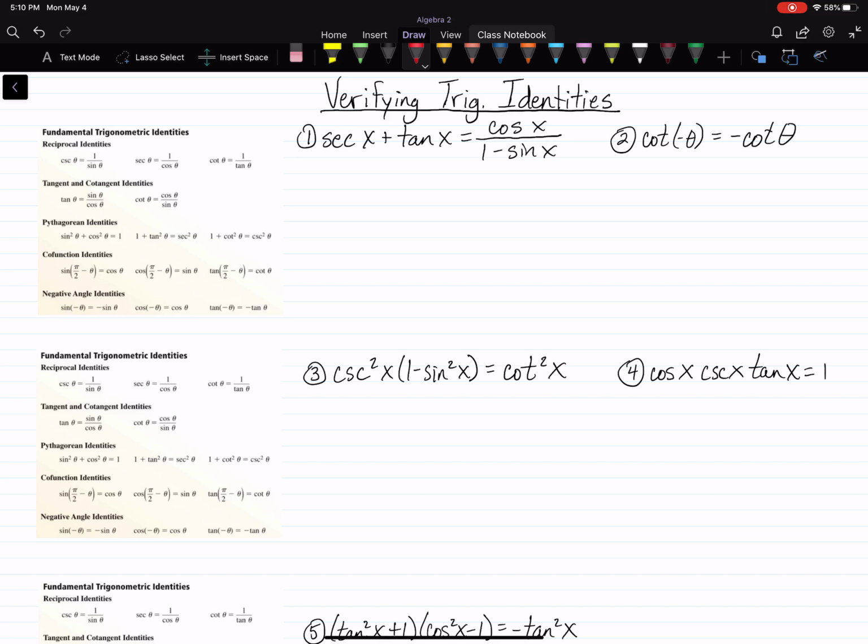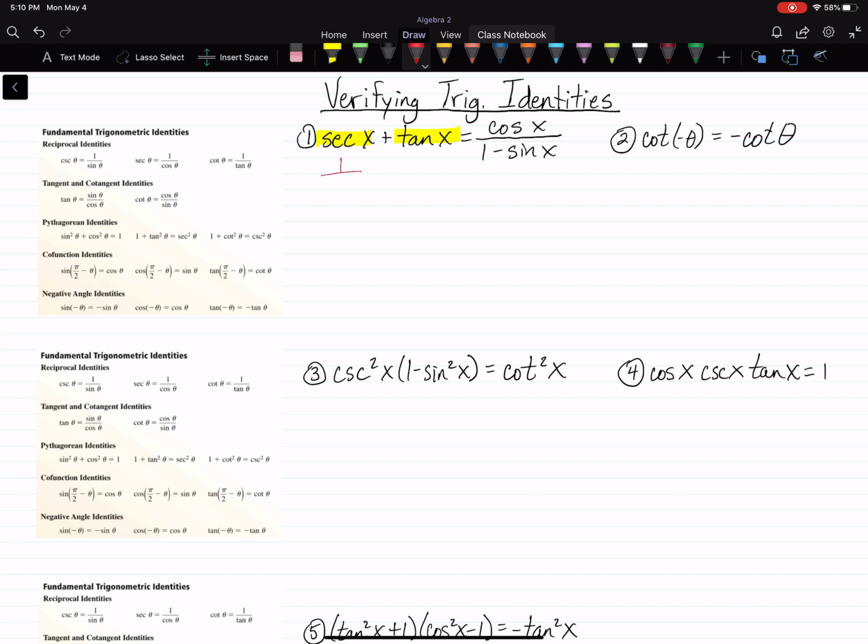Number one here, if you will remember our suggestion, change everything to sine and cosine. I don't see any squares or anything, but I can change secant to 1 over cosine, and I can change tangent to sine over cosine. So I'm going to do that first.